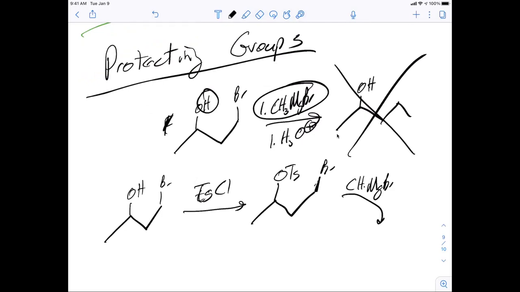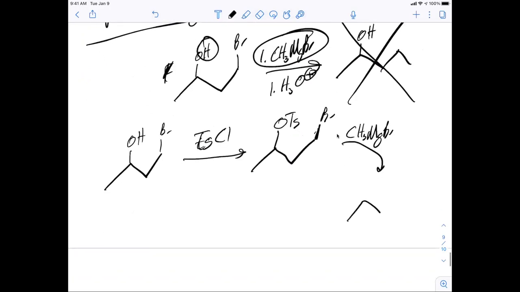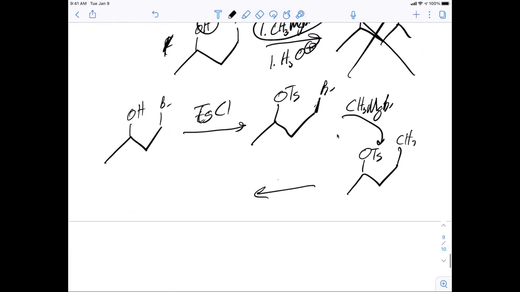And again, you should have seen this in organic 1. All right, so if I added to my methyl group, I still have the tosylate. And then what I want to do is remove that protecting group. So protecting groups are a way of doing a reaction at one site when the other site might have been a problem.